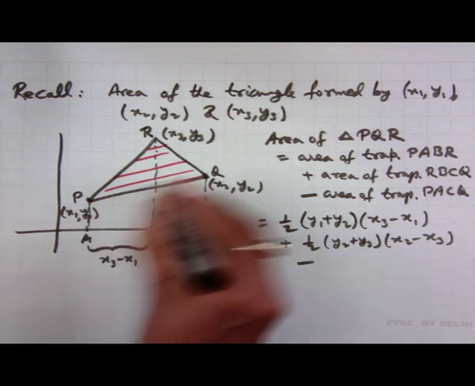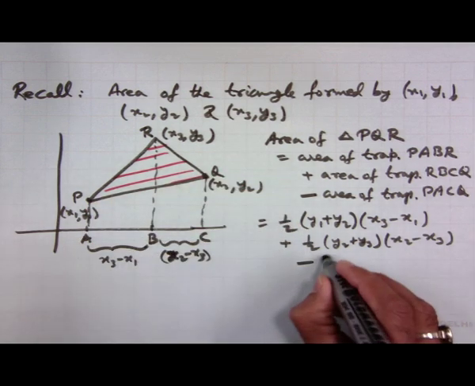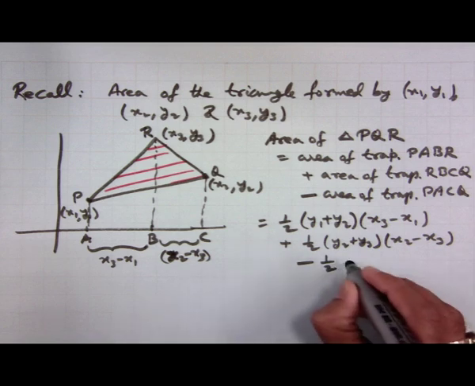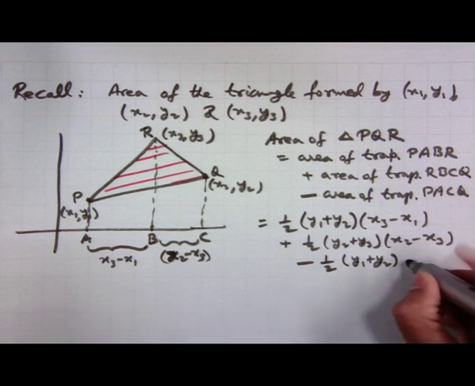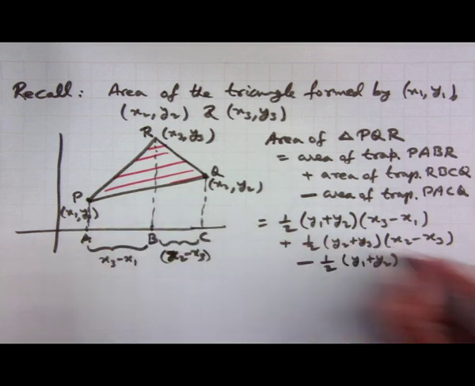Minus the area of this trapezium, which is half y 1 plus y 2 times this, x 2 minus x 1.